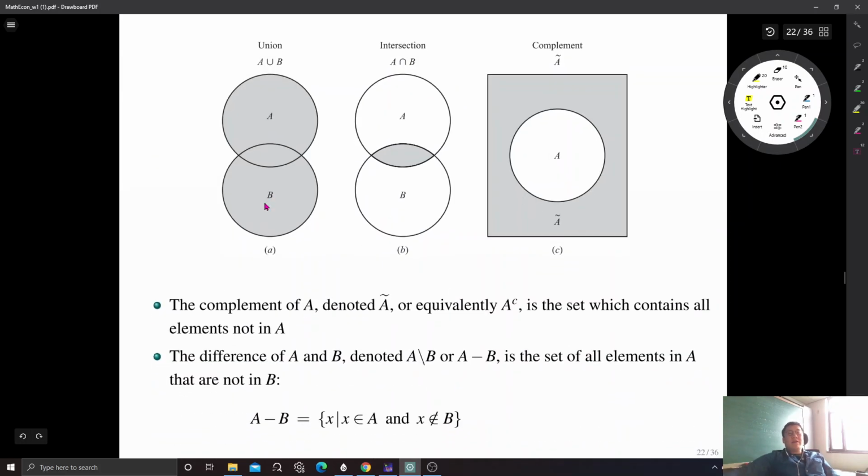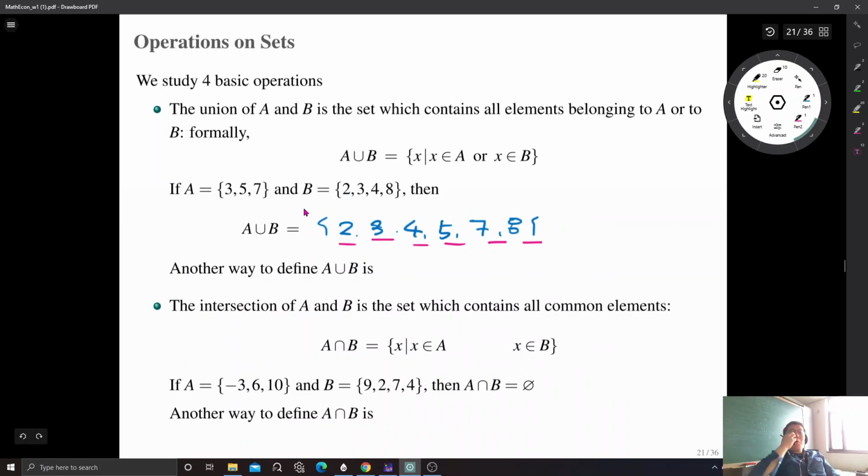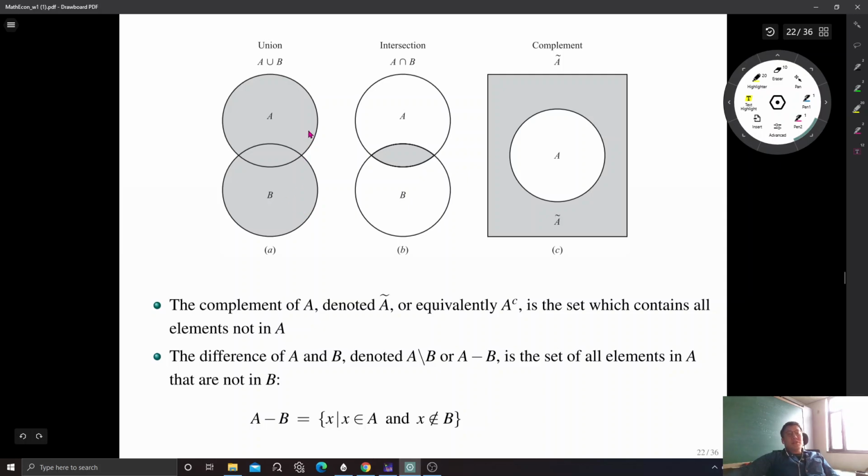Using a Venn diagram, the union of A and B can be depicted this way. This is set A, and this is set B, and the union of these two sets will be the entire area. Another way to see this union is that the shaded area includes set A and also includes set B, right?